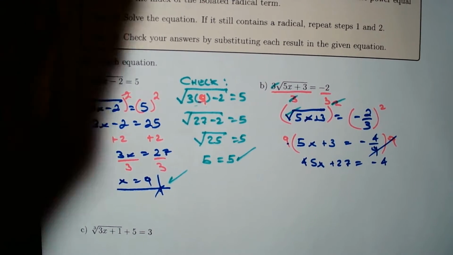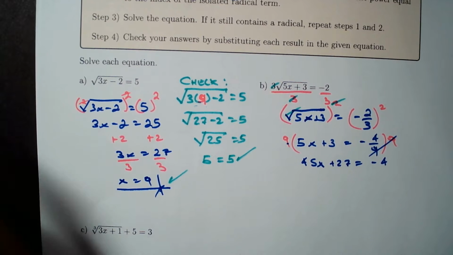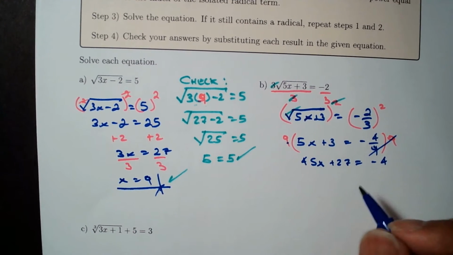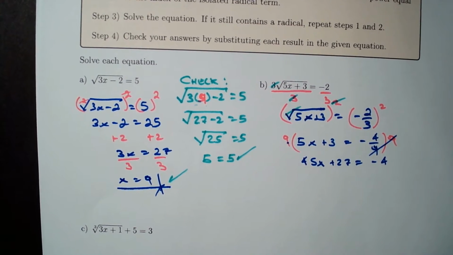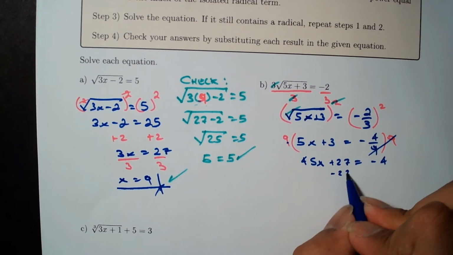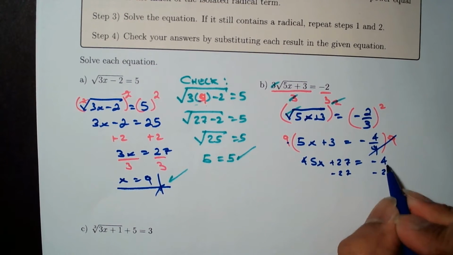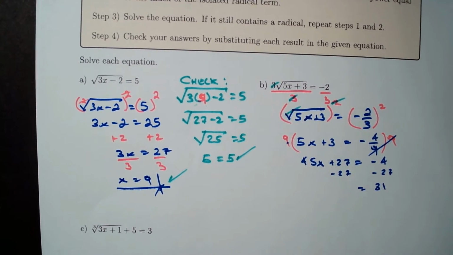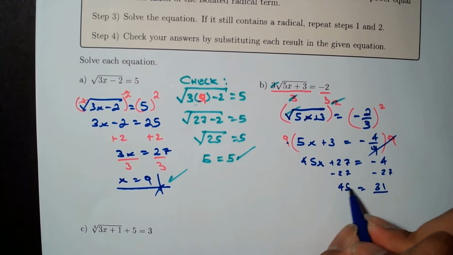So what you want to do now is subtract 27 from both sides. That's going to be 45x equals 4 minus 27, which is negative 23.